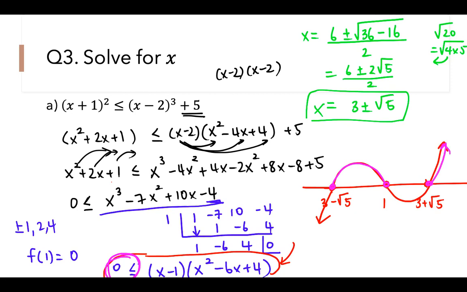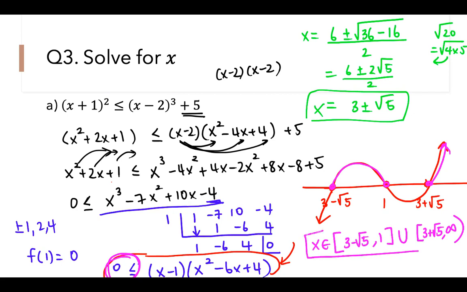So therefore, x is, and it's including, so I'm going to use a square bracket, 3 minus square root 5, comma 1, or it's going to be 3 plus square root 5, infinity. And for infinity, you have to use a round bracket. And that is your final answer.